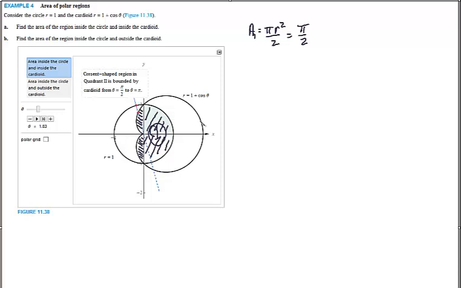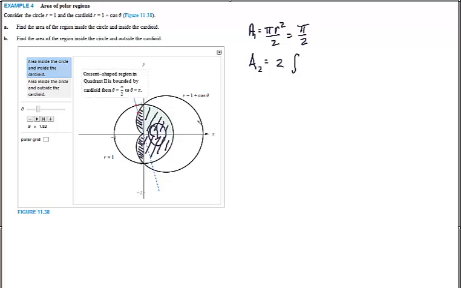It's bounded by this function, r equals 1 plus cosine theta, and the y-axis. So what I'm going to need to figure out is how to integrate this. Let's call those two crescents A2, and we're just going to double it to get both of them at the same time.